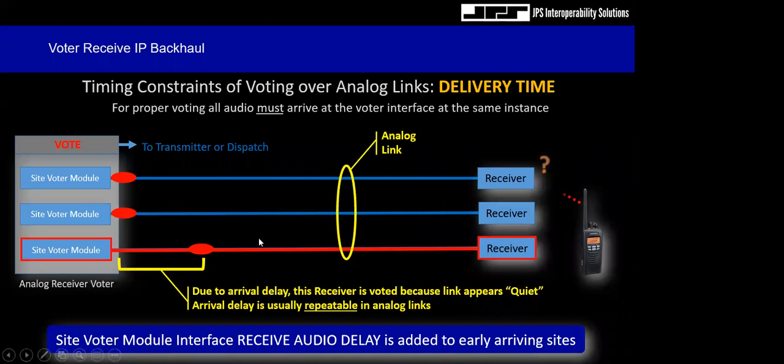So we can make those adjustments typically to a comparator, and we add buffering, or we store the audio at the site voter module such that we virtually realign the audio and we vote simultaneously. And the nice thing about this type of situation in terms of analog links is everything arrives, the propagation delay, once I set these delays, rarely changes in an analog type situation, lease line, microwave links, or even RF links, right?